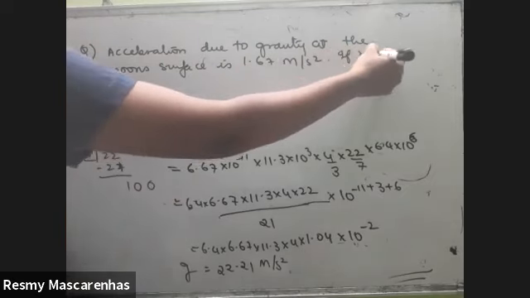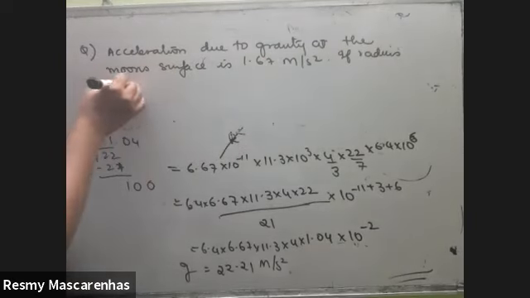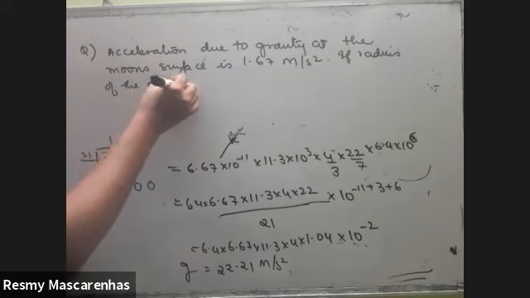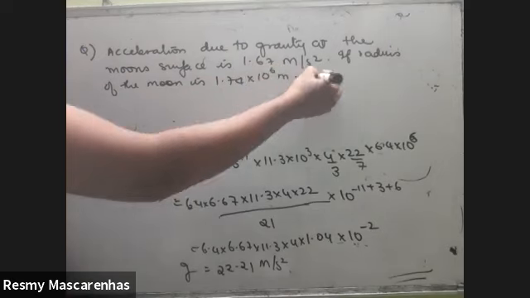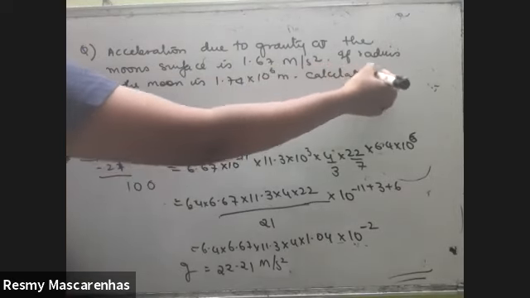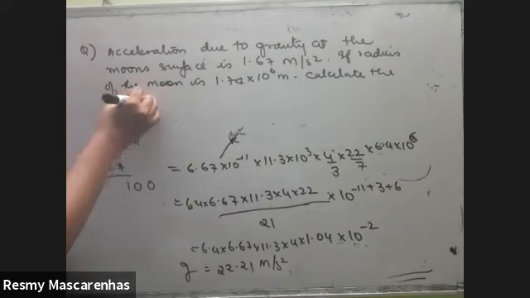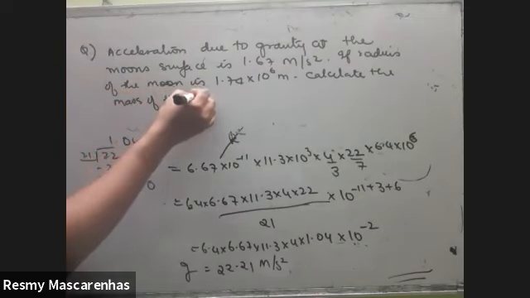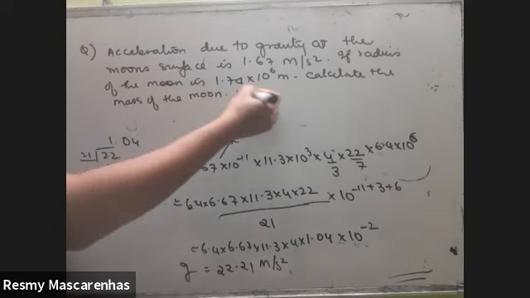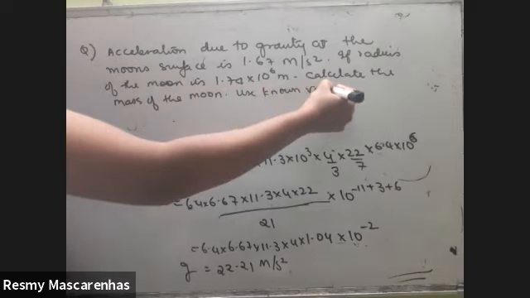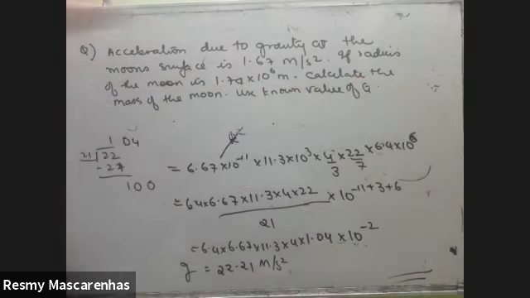If the radius of the moon is 1.74 into 10 raised to 6 meter, calculate the mass of the moon. Sometimes they'll say use the known value of G.